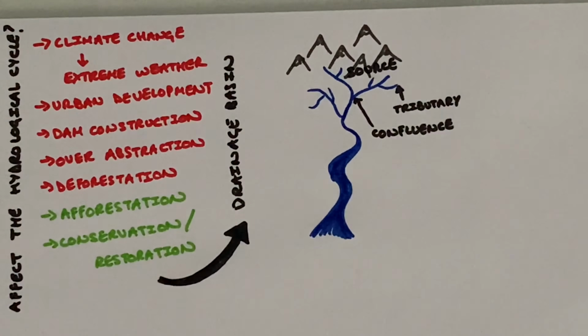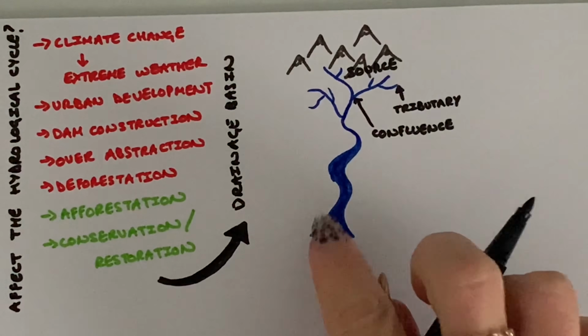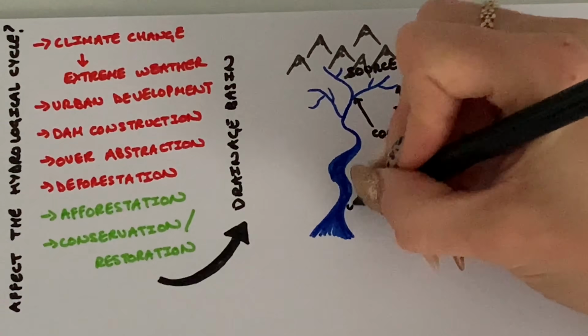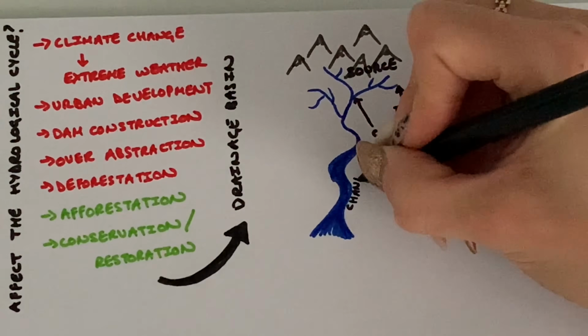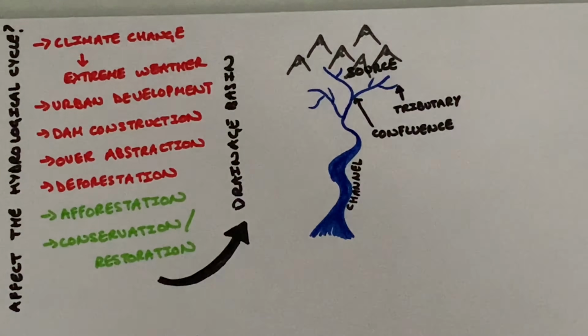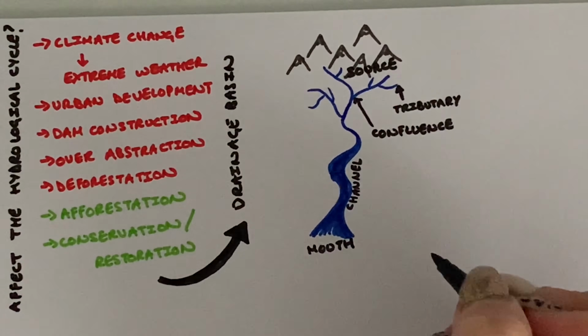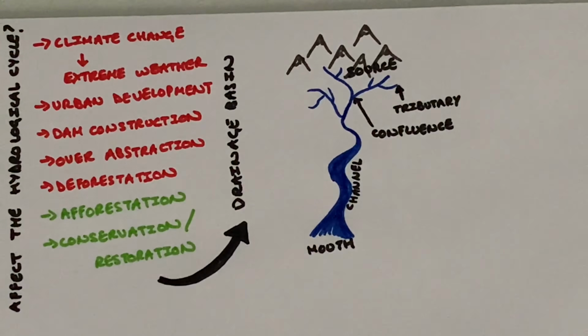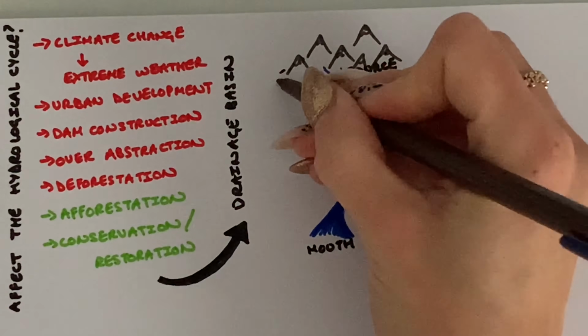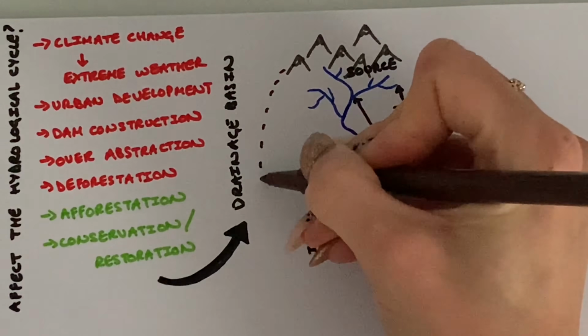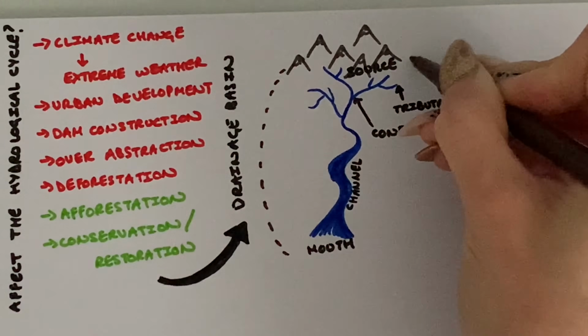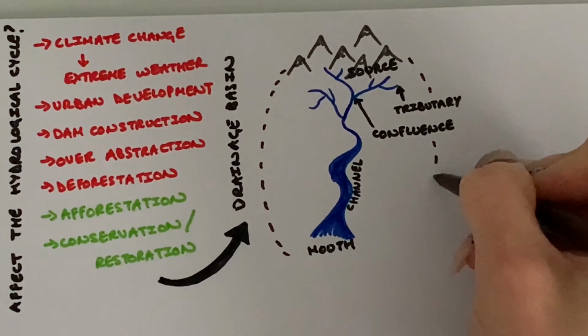And then as that water travels through your upper course down towards your middle course and then your lower course, we would call that your main river channel where the water flows. Now, rivers then lead to the ocean or the sea, and we call that the mouth of the river, the end of the river.